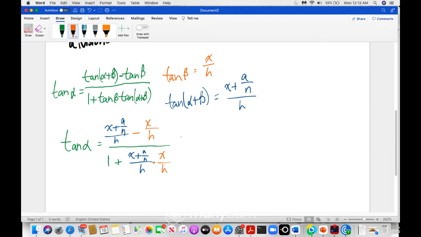I just hope my n's and my h's are clear, because I foresee that being an issue. Okay, but then since we have a common denominator of h, right, h is common right here, that means we can subtract off the x, so x minus x, and then plus this a over n.